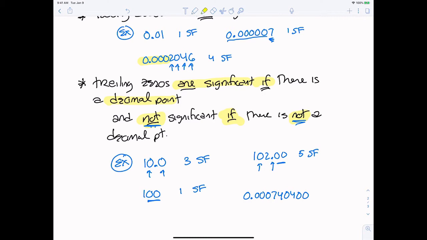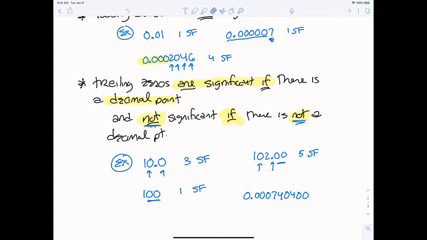So these guys here, these are my leading zeros. Those are not going to count. You have to have them. You can't not write them, because if you don't put them there, your magnitude is wrong, right? 0.007 is different than 0.7. Those are not the same number. So they're important to write, but they tell us the magnitude, not the certainty. We don't want our magnitude to be wrong, so they have to be there.